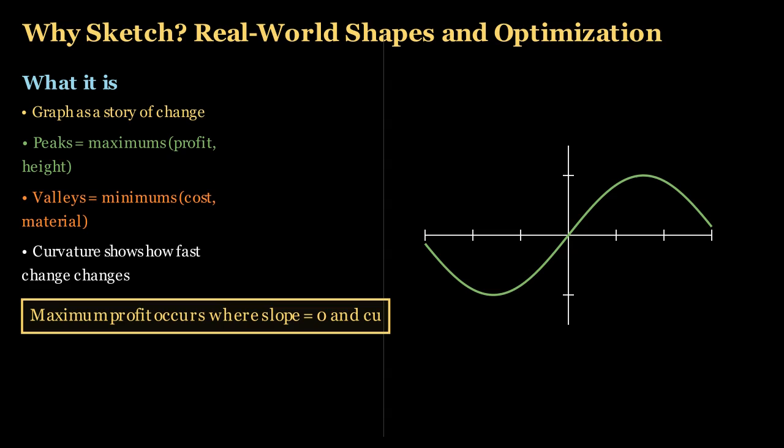It turns a formula into a shape we can read, and that shape answers practical questions. Where is the maximum? Where is the minimum? How do I get there? This matters because in the real world, we are always trying to find the best version of something.